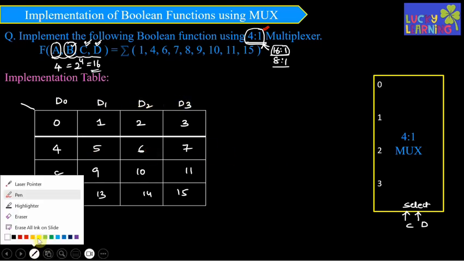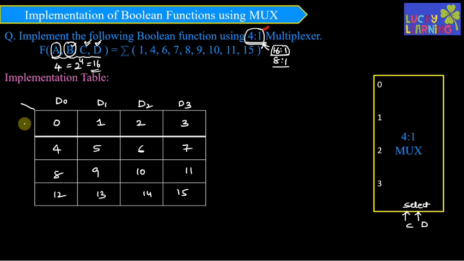Now what will be the row values? The first row will be 0, 0, 0, 1, 1, 0, 1, 1. Now these will be determined with respect to the higher significant variables in the function, A and B. It means this is A dash B dash, this is A dash B, this is A B dash, this is A B, right?